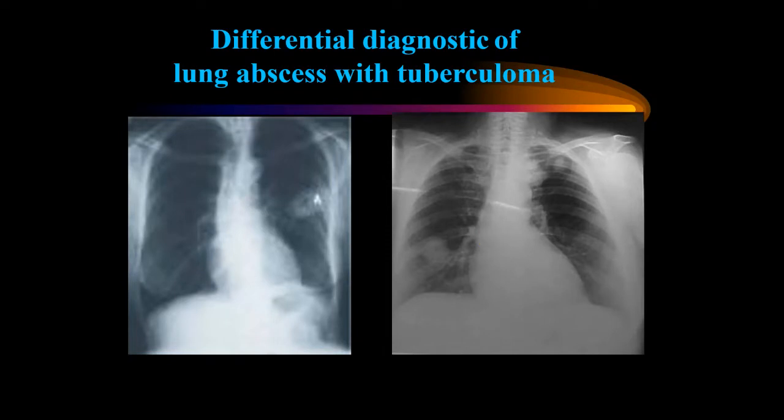On these pictures you can see differential diagnosis of the lung abscess with tuberculoma. Here is the tuberculoma with small calcification shadows. Here you can see the formation of a lung abscess in the pneumonic or infiltration stage without any clear horizontal level.